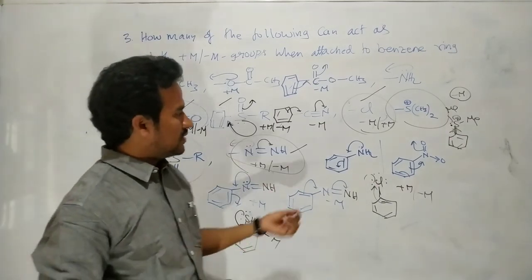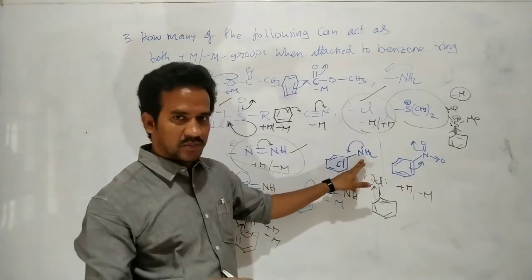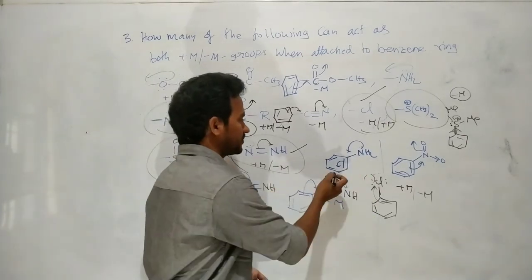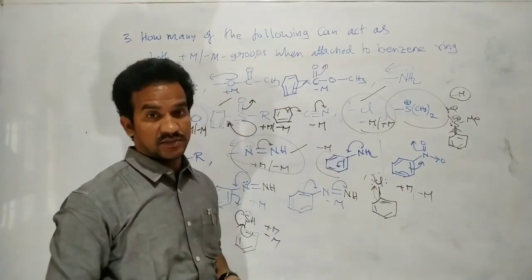Now another point: when benzene is attached to NH2, that is, a plus M group, the phenyl accepts the electrons, so it acts as a minus M group.